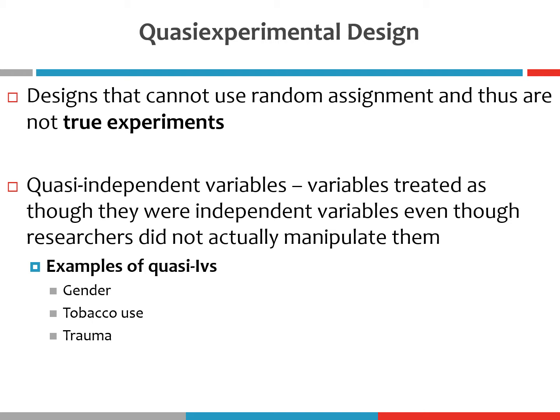Okay, so let me give you some examples, right? So going back to one of the Dr. Stokes experiments that I talked about, let's say we were interested in determining whether one gender is characteristically happier than the other, right?